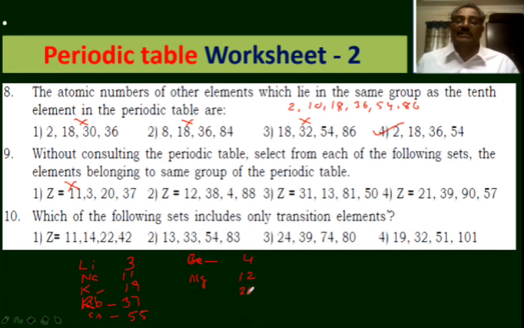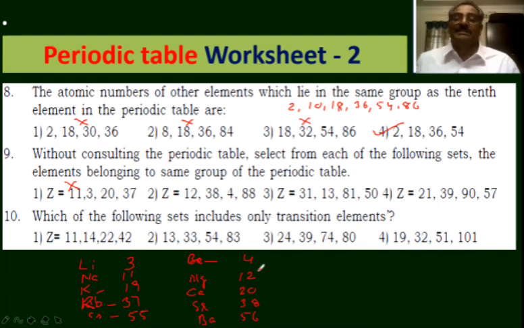That is 20, calcium. The atomic number of the next element is obtained by adding 18. Two 8s are already added. Now we need to add 18. 20 plus 18, 38. By adding one more 18, we get 56. These are the atomic numbers of strontium and barium.